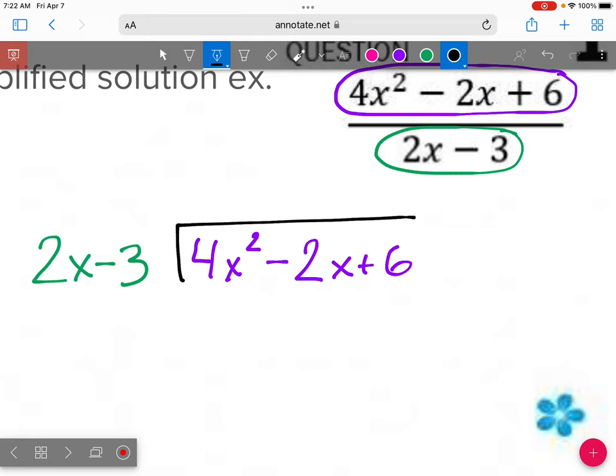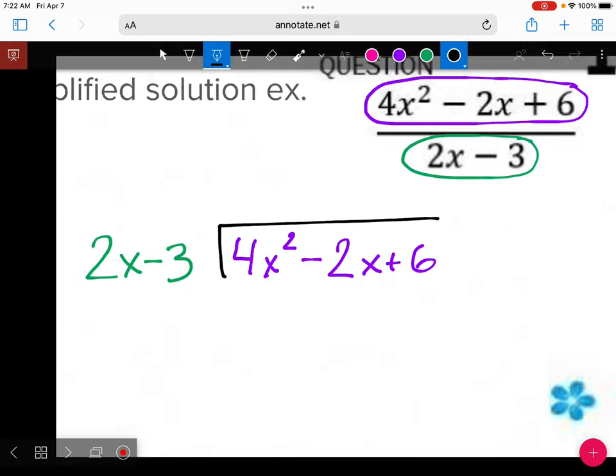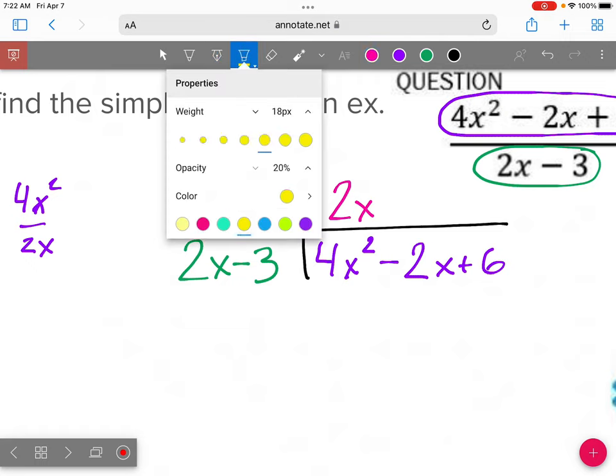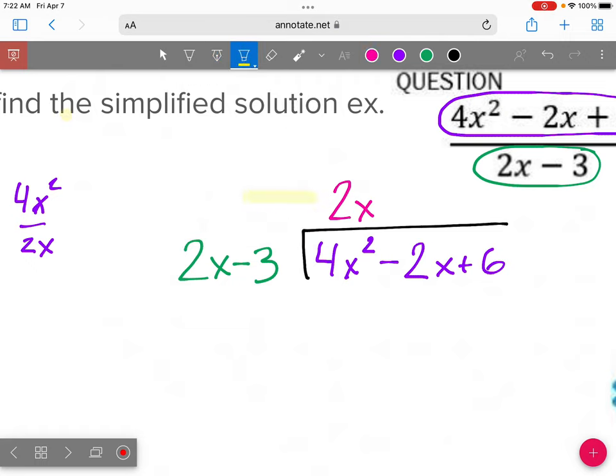But we take the first thing we're doing. So you can also do it as 4x squared divided by 2x, and that gives us 2x. We take our 2x and we multiply it by this whole piece here and put it underneath.